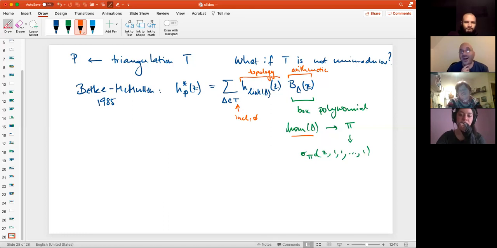And if the simplexes in the triangulation are bigger, if they contain more integer points, that should be more complicated too, and that's reflected in those box polynomials. If the simplexes are fatter, my fundamental parallelepiped will be fatter, and then that box polynomial is going to be more complicated.